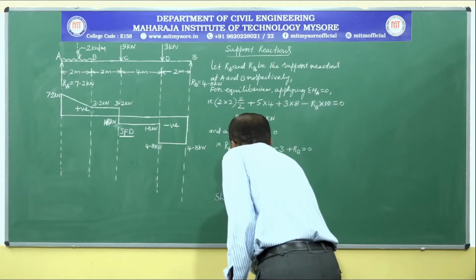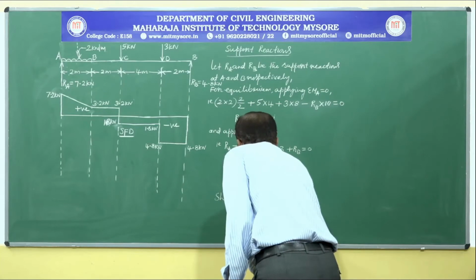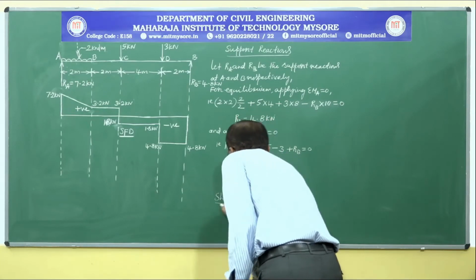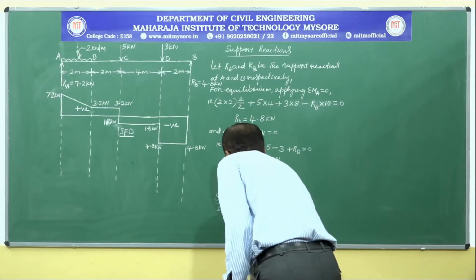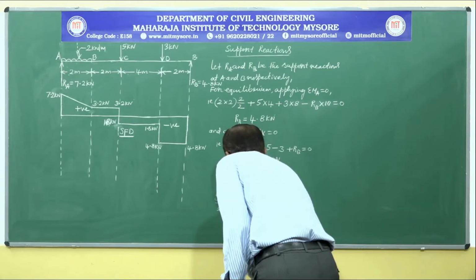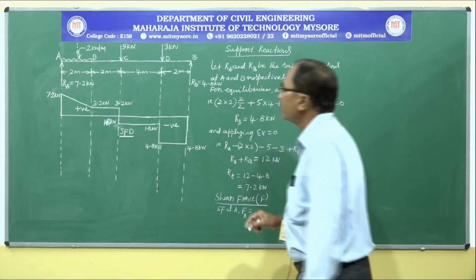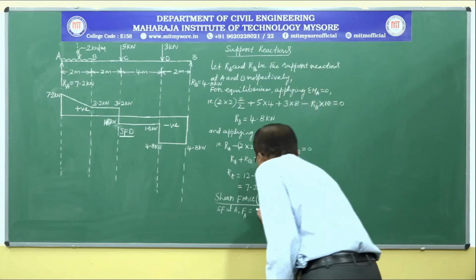Shear force, designated as F. Shear force at A, FA, it is above the reference line, 7.2 kilonewton.